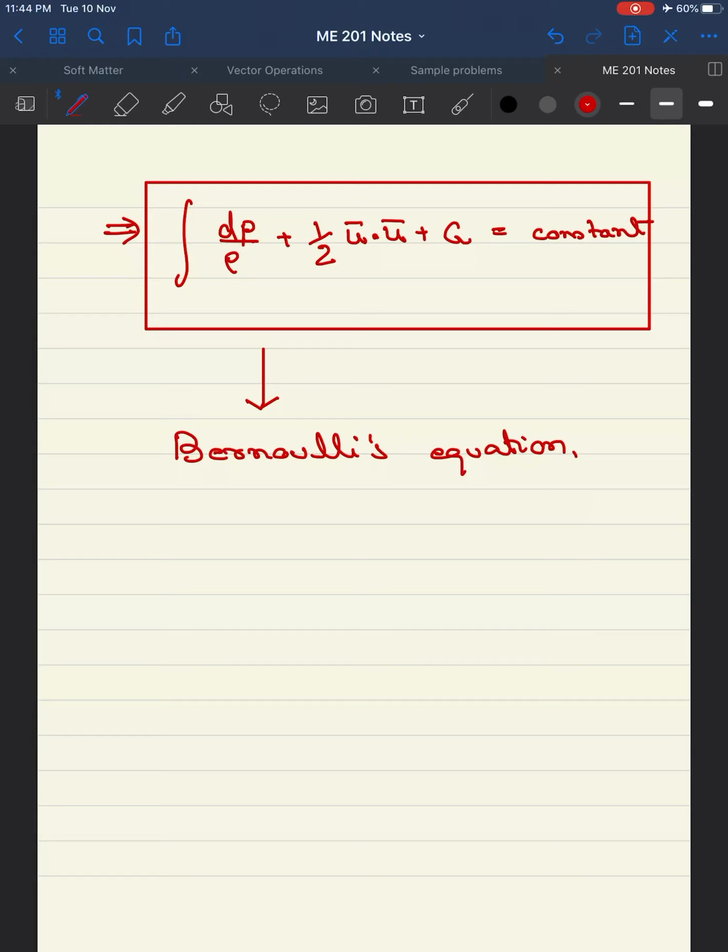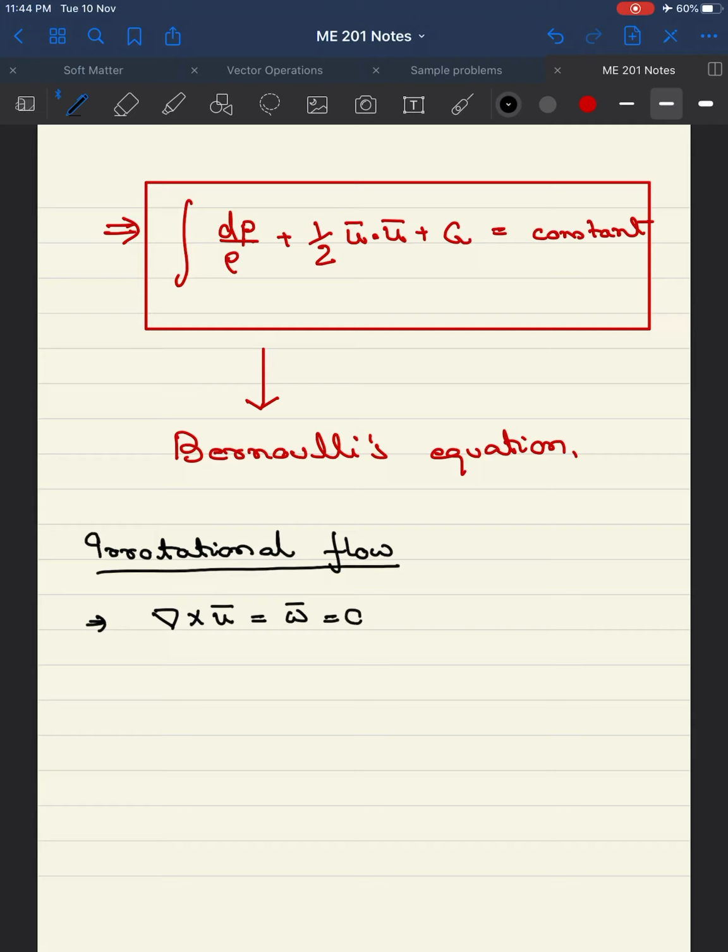Now there is one more formulation, and let me just broadly give you that. That formulation is true for what we call irrotational flow. Irrotational flow implies that this quantity is 0. Irrotational is basically the equivalent of stationary. What stationary flow field is to velocity, irrotational is to vorticity.